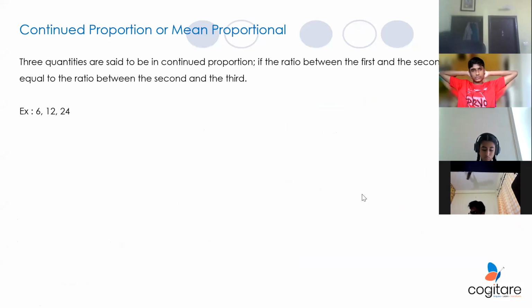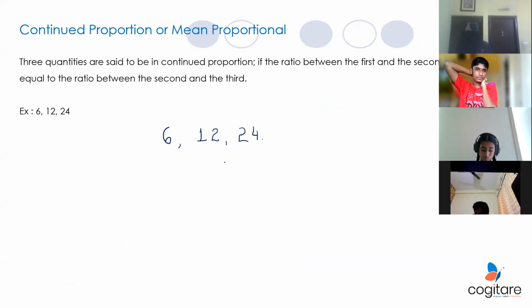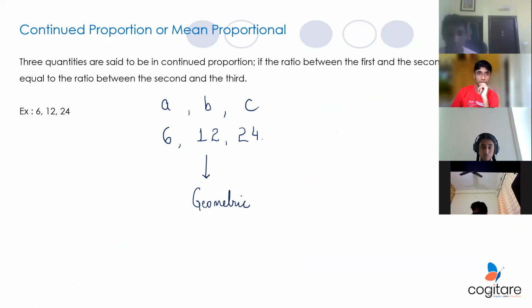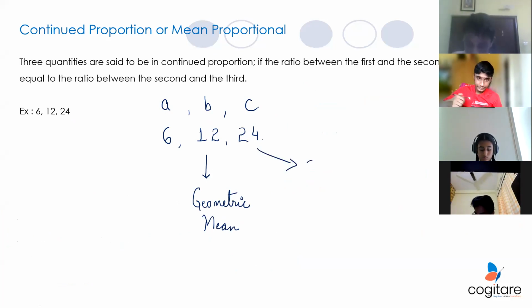Now, let's look at continued proportion again. If we have 6, 12, and 24 in continued proportion, if this is A, B, C, this middle term is called the geometric mean. What is it called? Geometric mean. And this last term is called the third proportional.